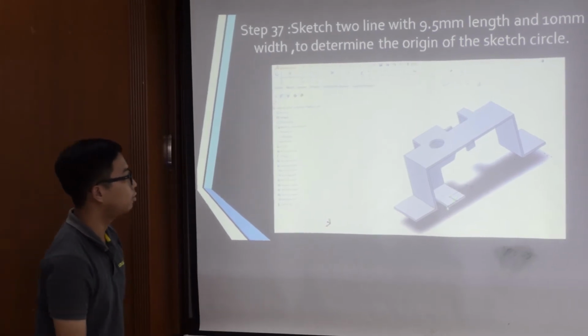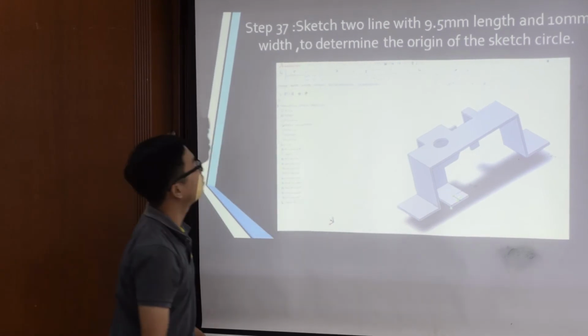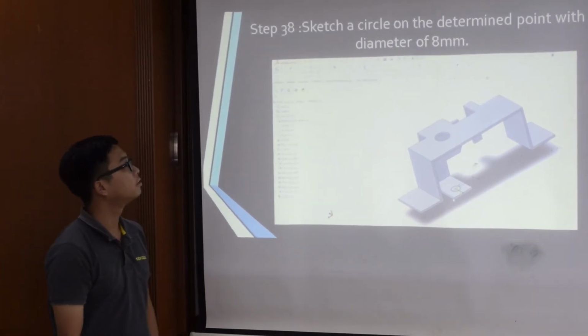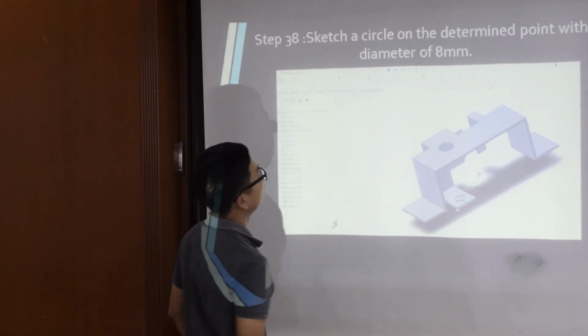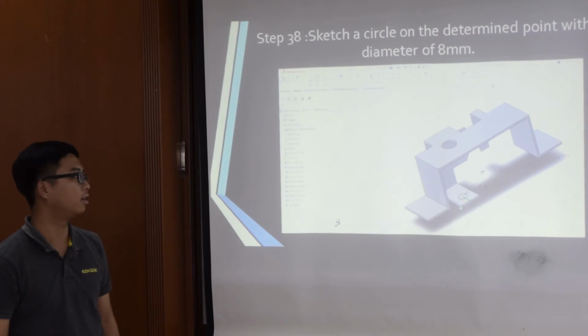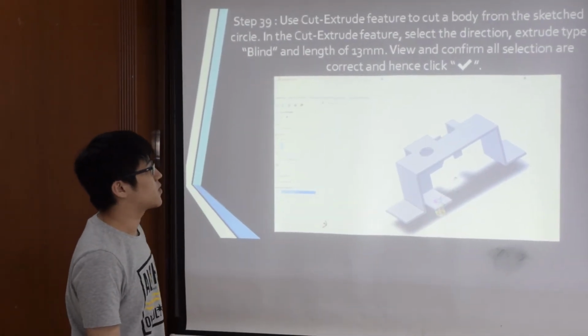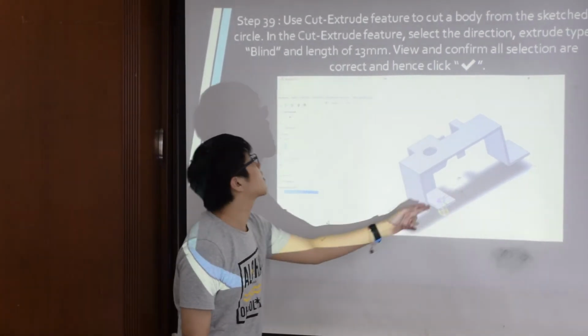Then sketch two lines with 9.5 mm length and 10 mm wide to determine the origin of the sketch circle. Then sketch a circle at the point just now determined, with diameter of 8 mm. After that, we will use the Cut-extrude feature to cut a body from the sketch circle with this part.